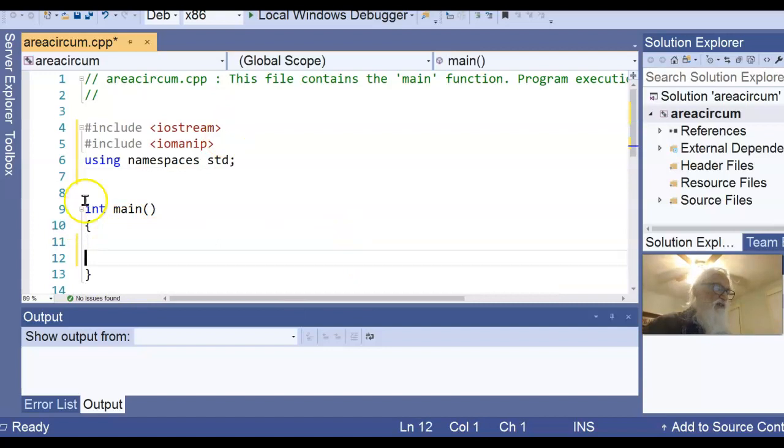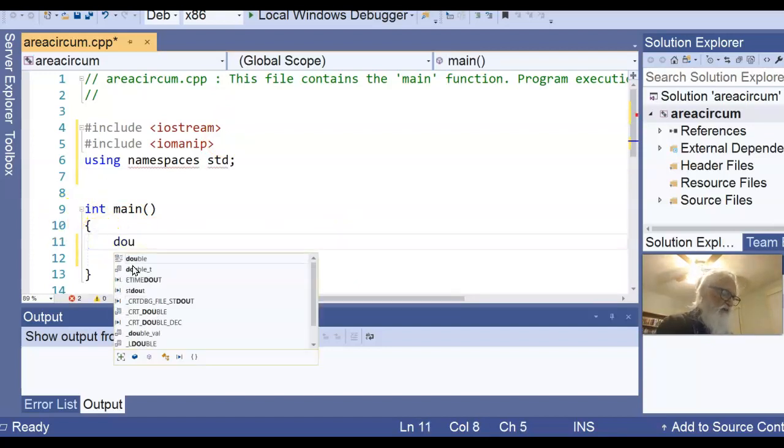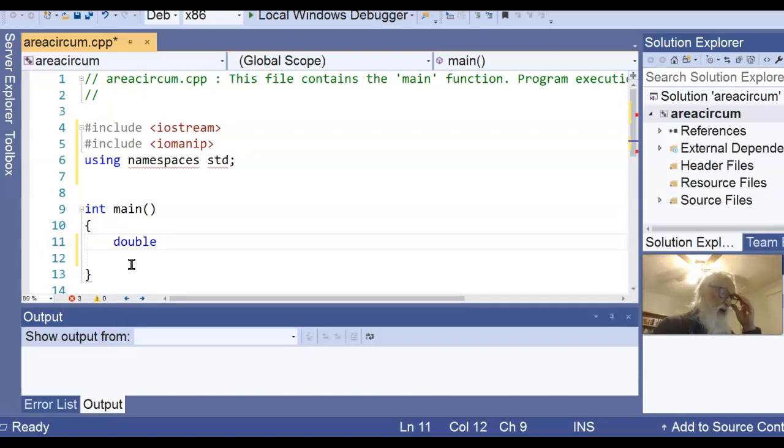So all I'm going to do is have double radius and area and circumference. I think that'll be enough to remind me of what I want.